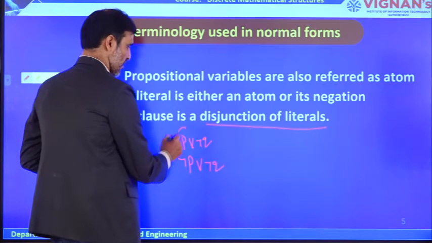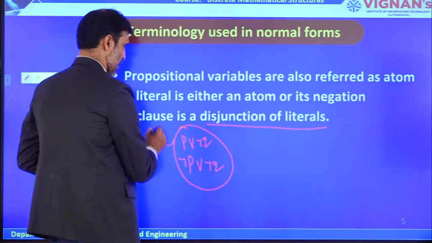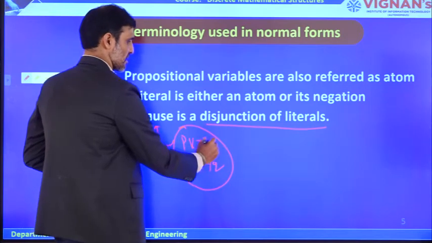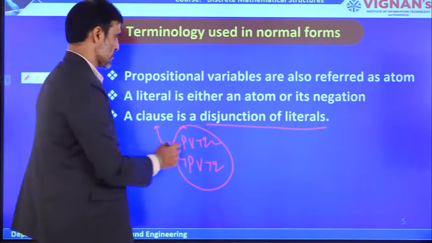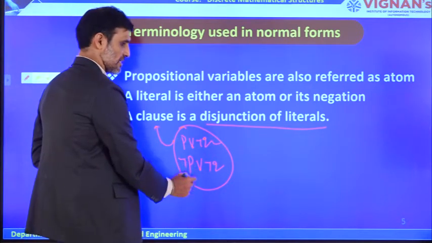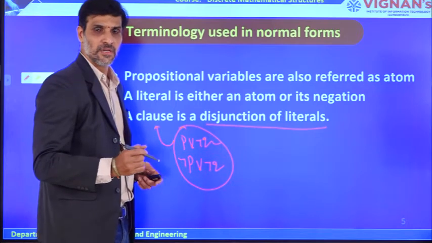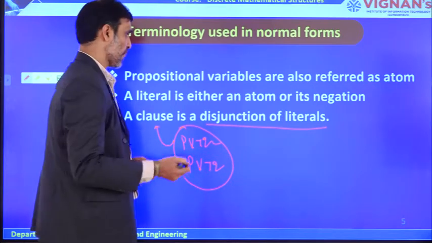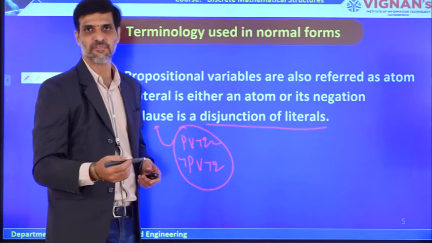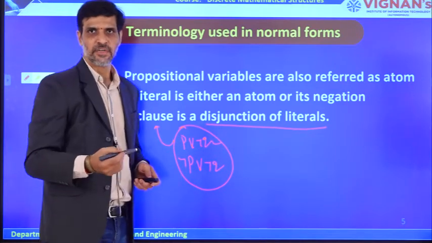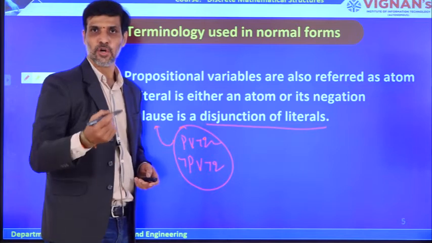A disjunction of literals is always called a clause. So this is a clause, this is a clause, this is a clause. We are trying to convert the sentences into the form of clauses, for which we can use different normal forms.